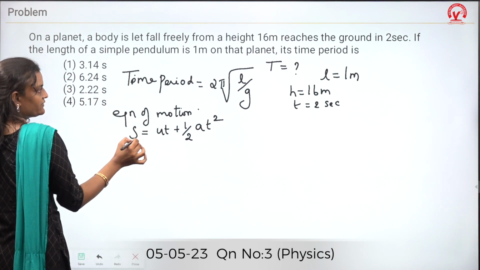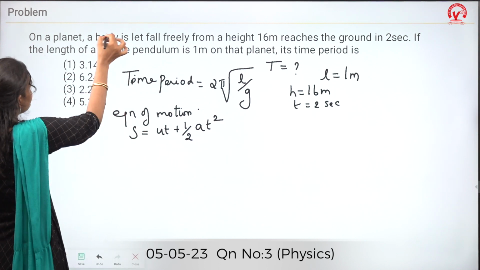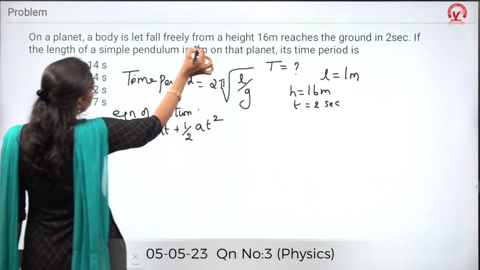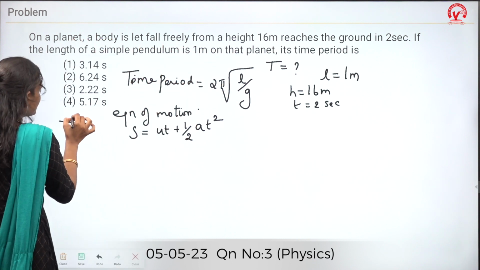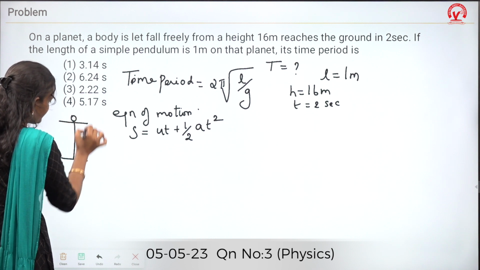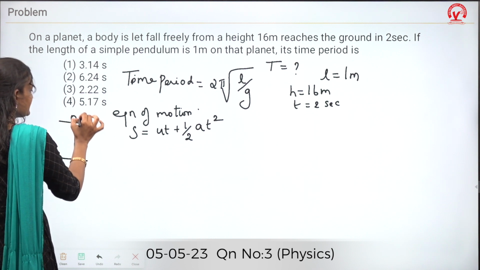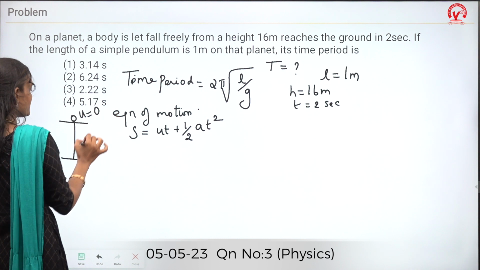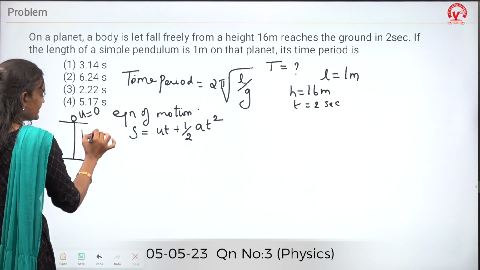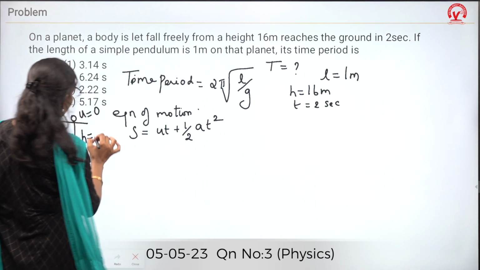The body falls freely from the height, so the initial velocity I am going to take as 0. Now this height they have given us is 16 meter.